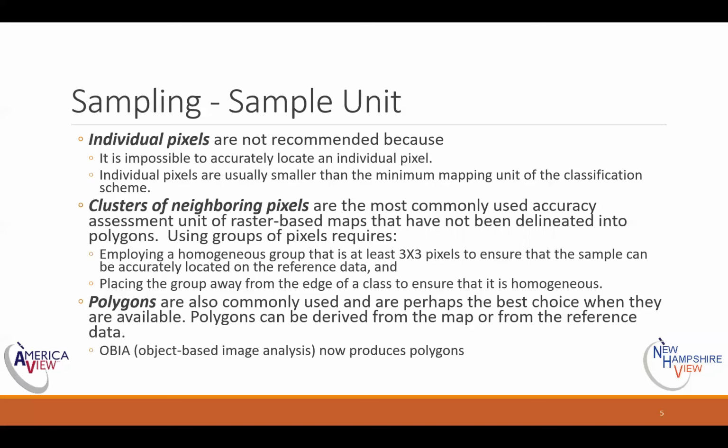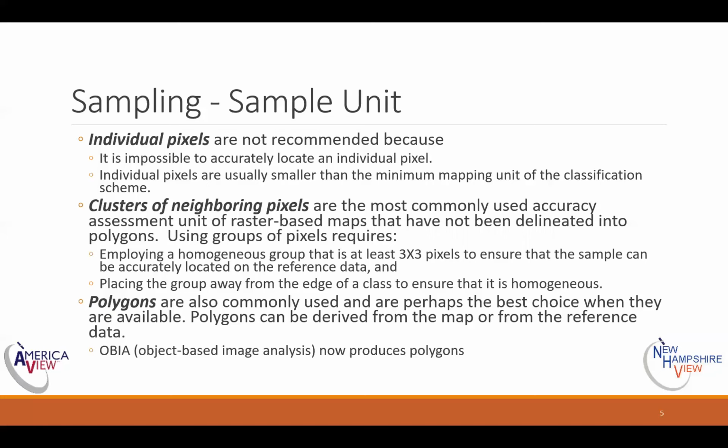Why? Because you cannot accurately locate an individual pixel on the ground or on the map, okay? There's registration error on your map, plus or minus 5 meters, 10 meters, 20 meters, depending on your imagery. And there's inaccuracies on the ground due to GPS location problems and things like that.